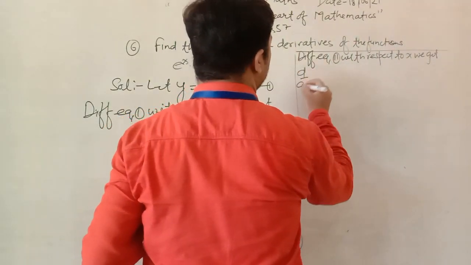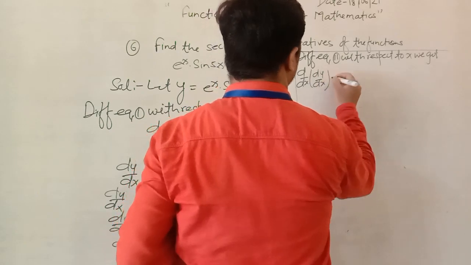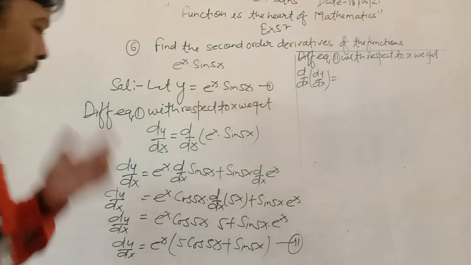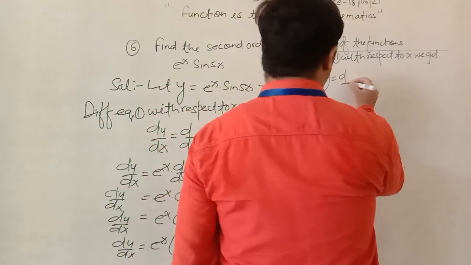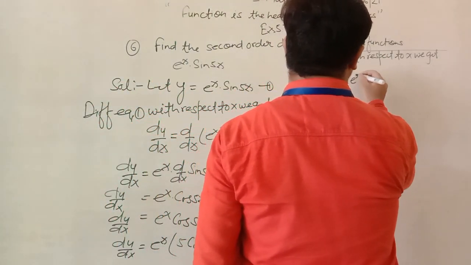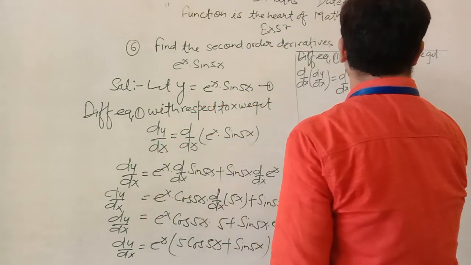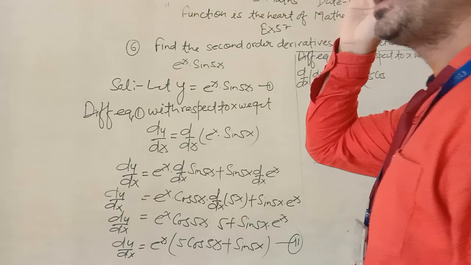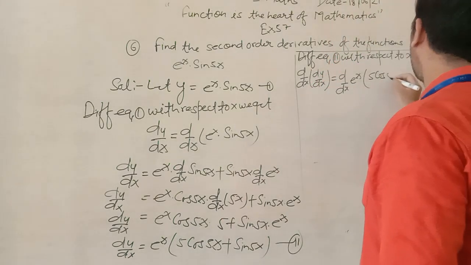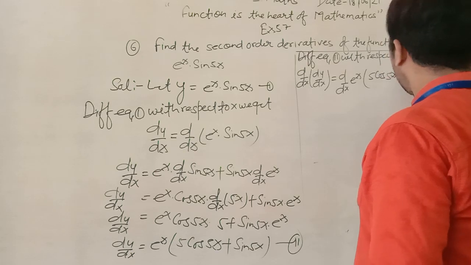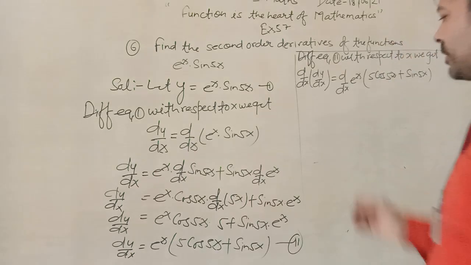This is d by dx of dy upon dx, and it is equal to d by dx of e to the power x into 5 cos 5x plus sin 5x.